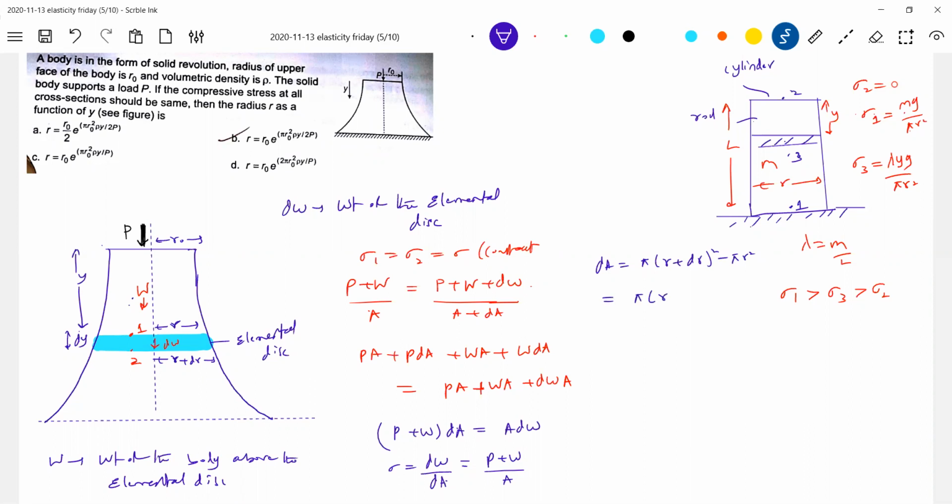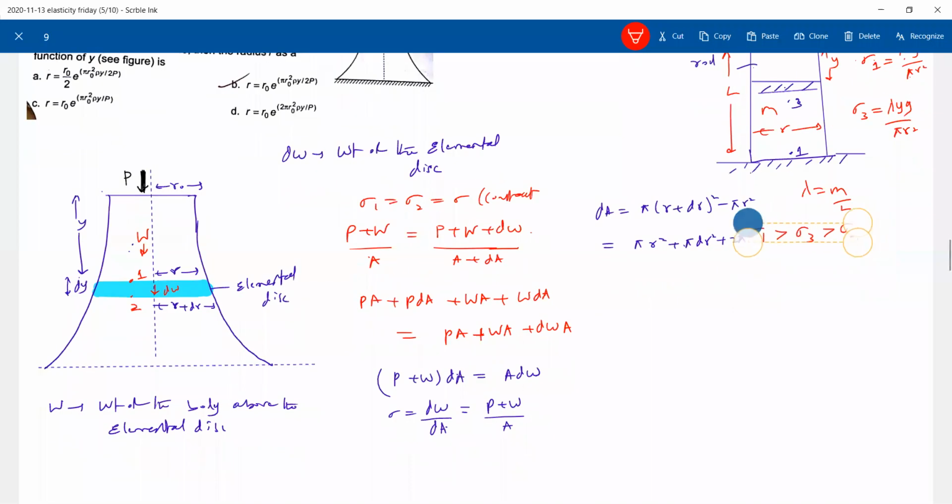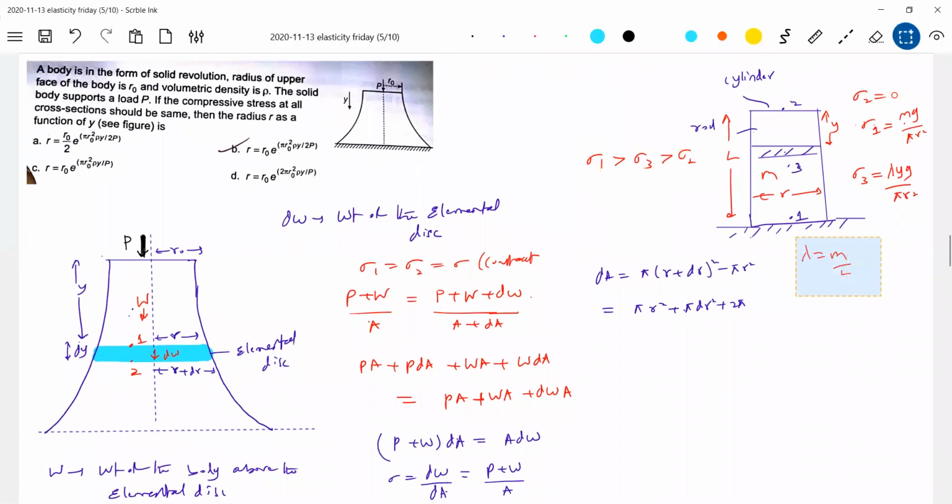Solving this, we get 2 pi r dr plus pi dr squared minus pi r squared plus pi r squared. The dr squared term will be negligible. So what will be left is only 2 pi r dr. Okay, this is the mathematics.